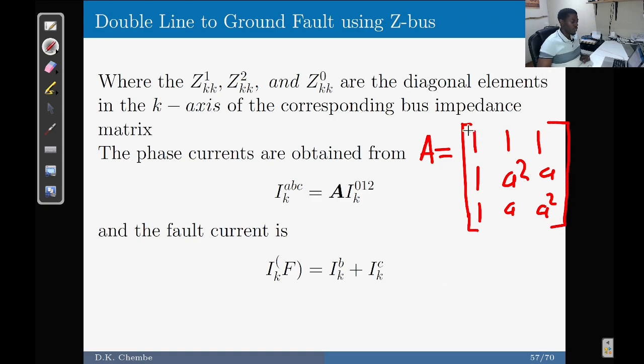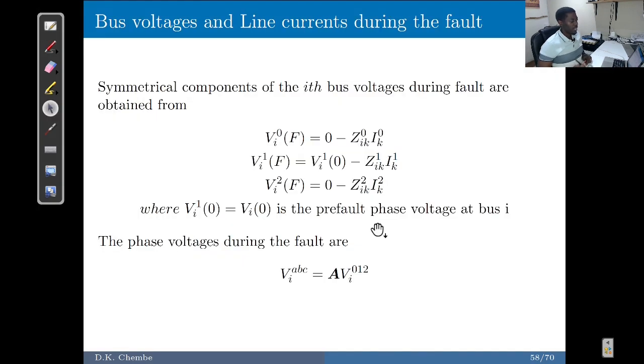This transformation matrix A is multiplied by the sequence components, 0, positive, negative sequence, to give the phases A, B, C. And we are able to determine our fault current to be equal to IKB plus IKC.